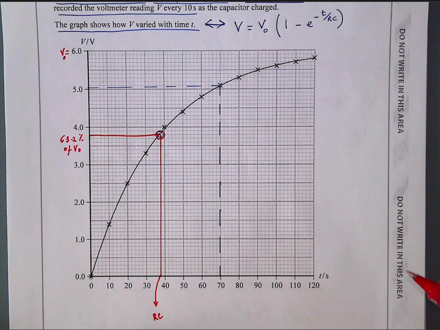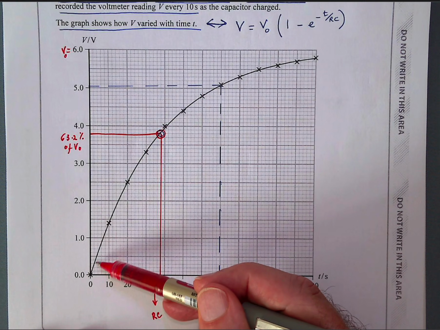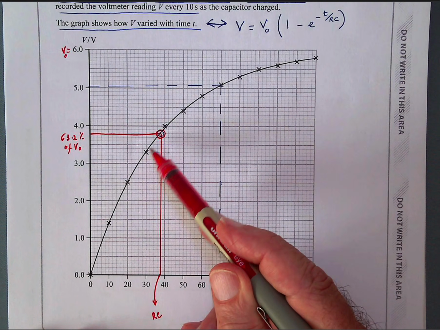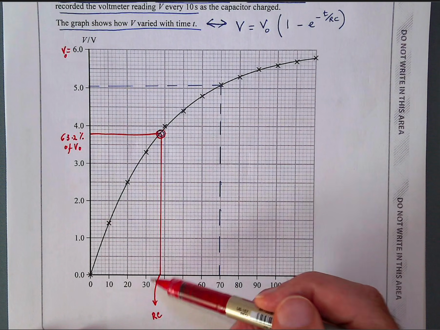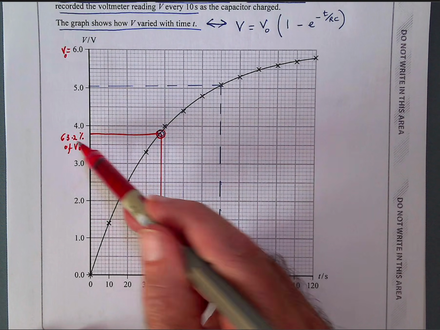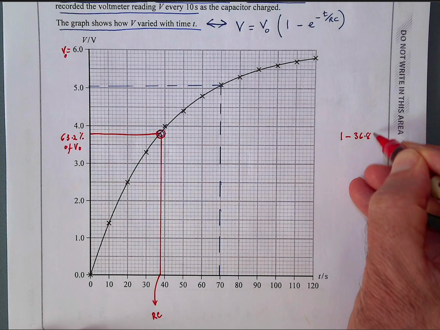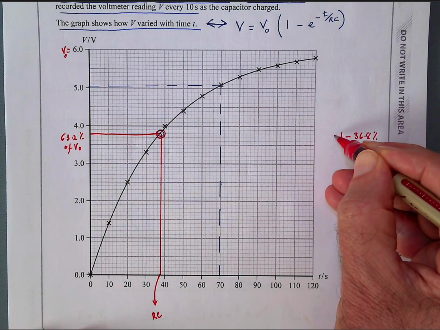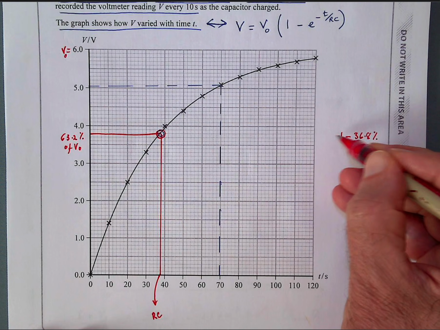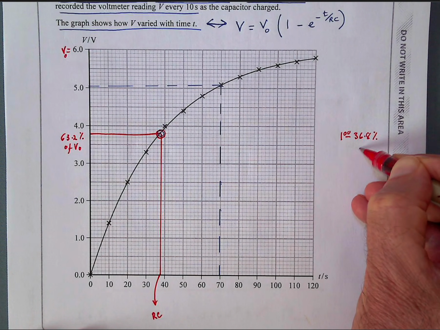Well, charging is the opposite of discharging. This time the voltage goes up quickly, and after a time constant it will reach 63.2%, which is the opposite of 36.8%, that is, 100 minus 36.8% of the total value.